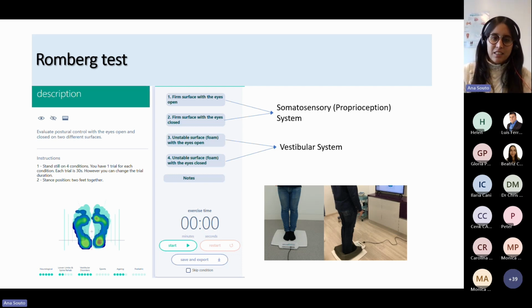You can assess the interaction of these two, and in the last condition, when the person is standing on top of the foam, the unstable surface, with eyes closed, we are assessing mainly the vestibular function. Okay, and then we will have a lot of parameters to go through in the next webinar.